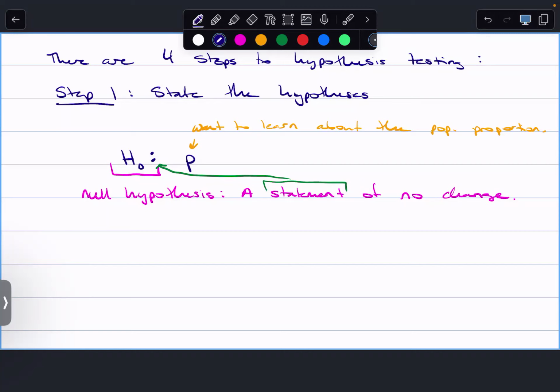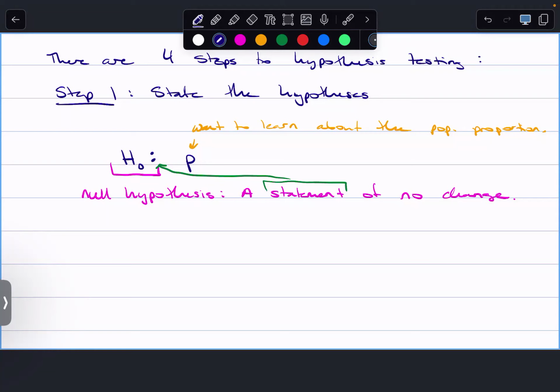And so this is going to be for the one sample proportion case. And for each type of question, I'm going to introduce you to what the null hypothesis would be. And so I'll give those to you, but then sometimes you have to find values to plug in. And so here I want to hypothesize about P.